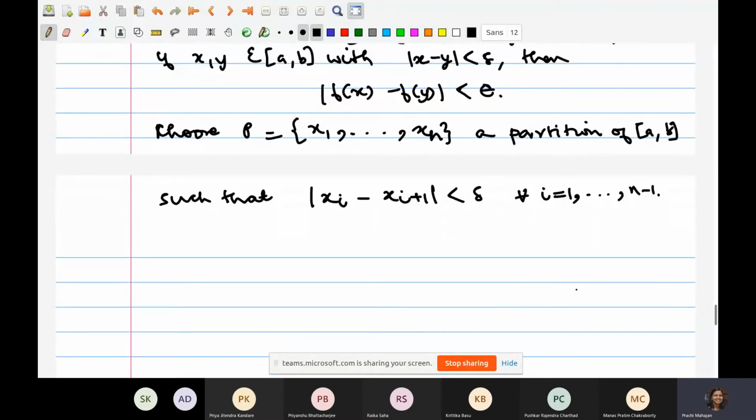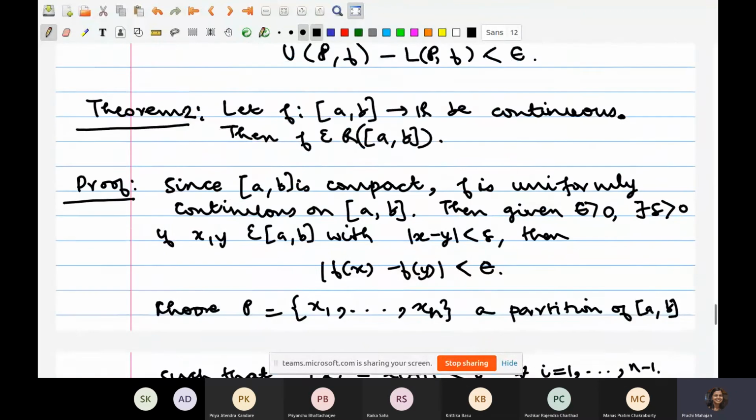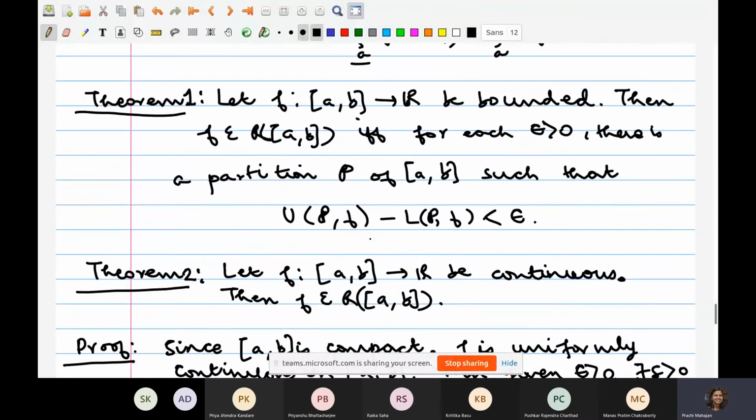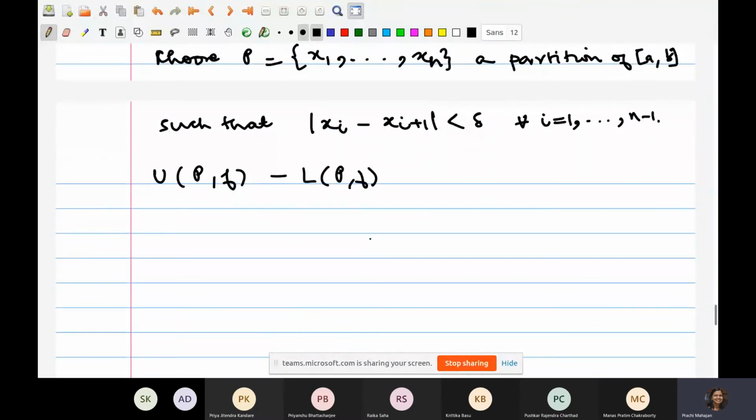I want to consider the upper sum corresponding to this partition P minus the lower sum. See, what am I trying to do? I am going to use theorem 1. I am going to say that this particular partition is such that the upper and the lower sum do not differ by more than the prescribed epsilon. So let me consider this difference.